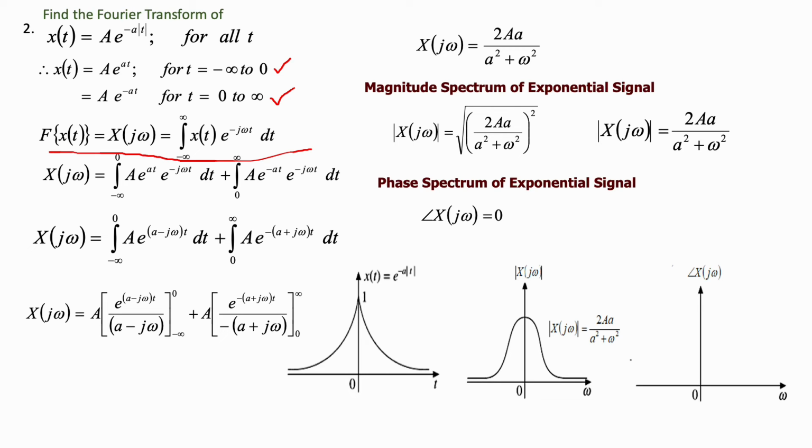After obtaining this, you will get the final answer. You calculate the magnitude response and the phase. The magnitude response, you will get this result. For different values of omega, plot the response and you will get the magnitude response. Similarly, the phase spectrum is 0, it is marked here.